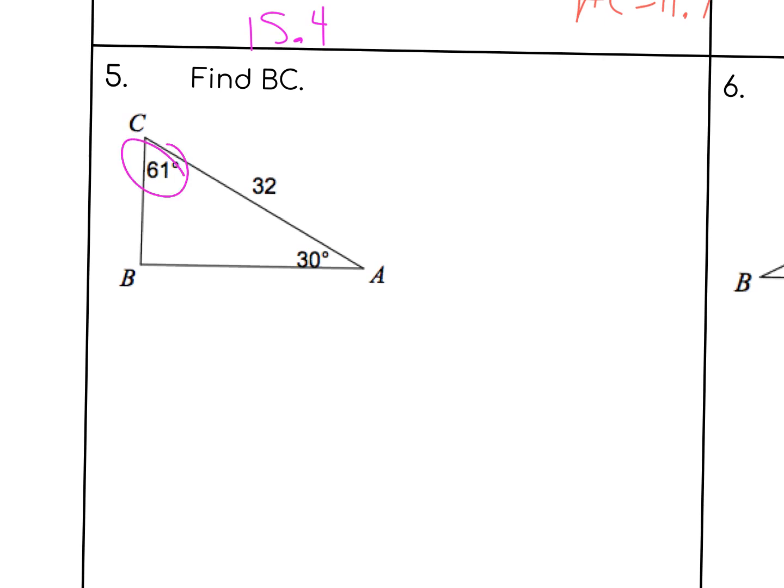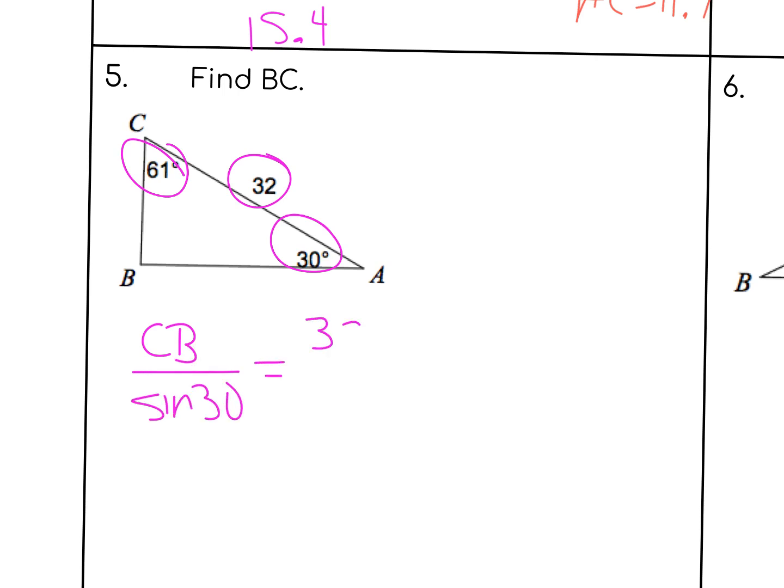This one, I see an angle, a side, and an angle. So that is suggesting law of sines. I'm going to do my unknown over the sine of 30 equals my known side over, I don't know this angle, but I can do 180 minus 61 minus 30 and get 89, over the sine of 89.